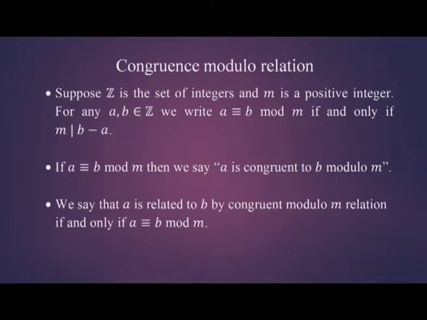Next, we will take up another relation which is extremely important in mathematics and computer science. This is called congruence modulo relation. But to understand this, let us start with some examples.